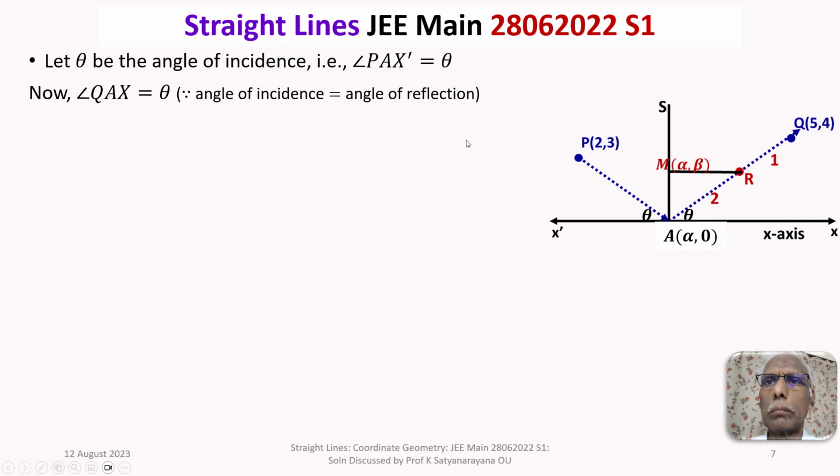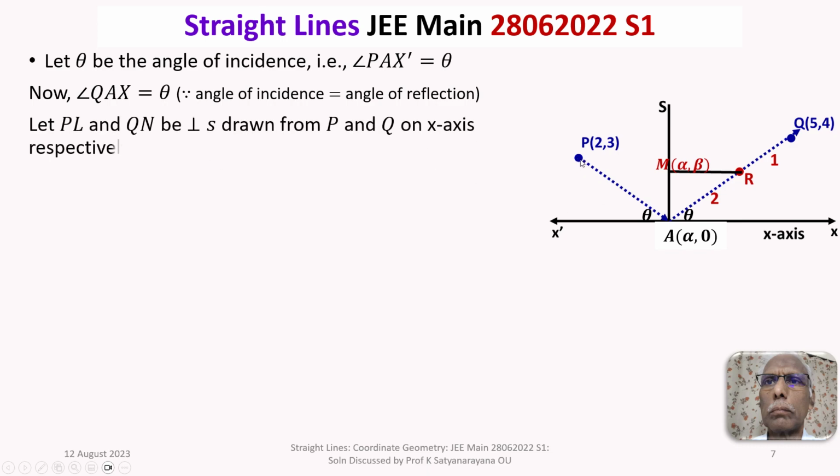Now we drop perpendiculars from P on the x-axis, call it PL, and from Q on the x-axis, call it QN. What are the coordinates of L? L is lying on the x-axis, so obviously the y-coordinate will be 0, and the x-coordinate of L will be 2.